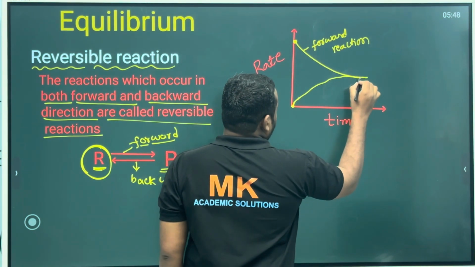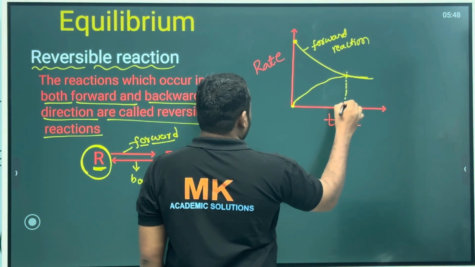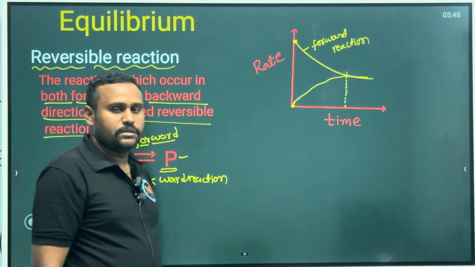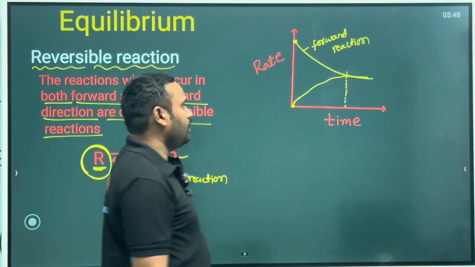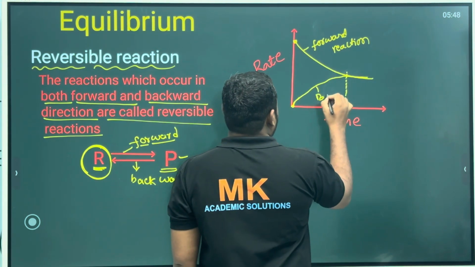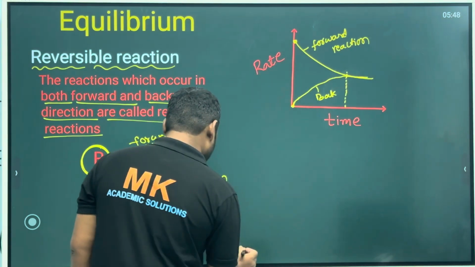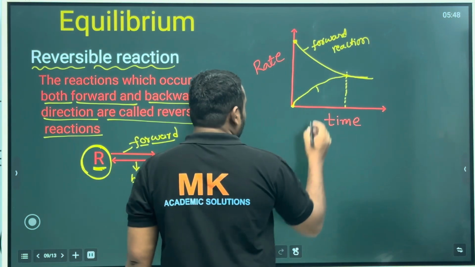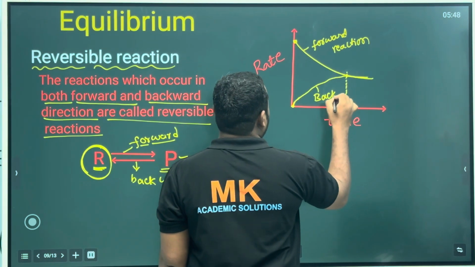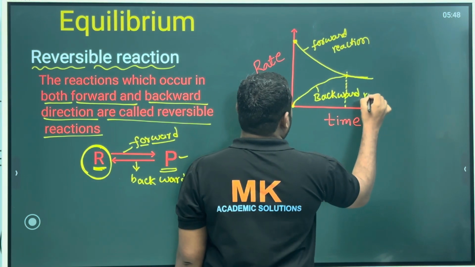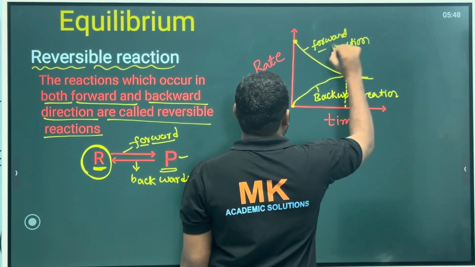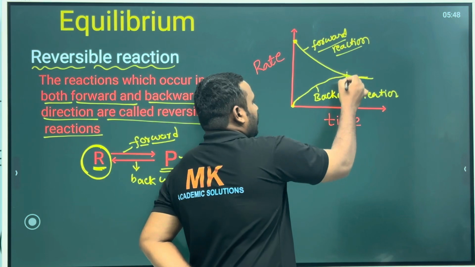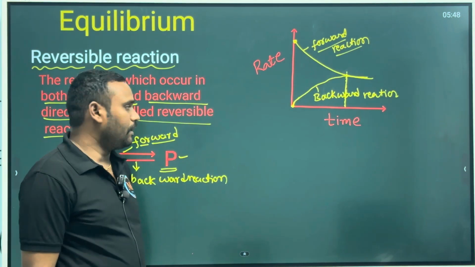So as time proceeds, the forward reaction slowly decreases, but the backward reaction slowly increases. After reaching a particular time interval, the rate of forward reaction will become equal to the rate of backward reaction.